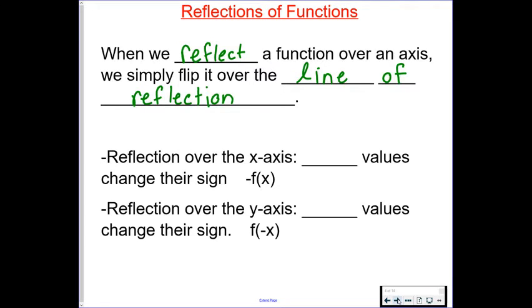If you reflect a graph, which means to flip it over the x-axis, the y values are going to change their signs. You can see that right here, negative f of x. This is our y, and the negative out in front tells us to flip the sign of the y. If I reflect over the y-axis, you see that the negative is with the x, so the x values are going to change their signs.